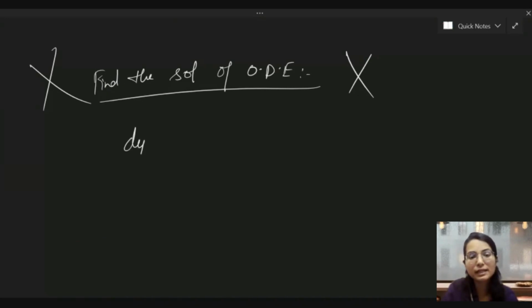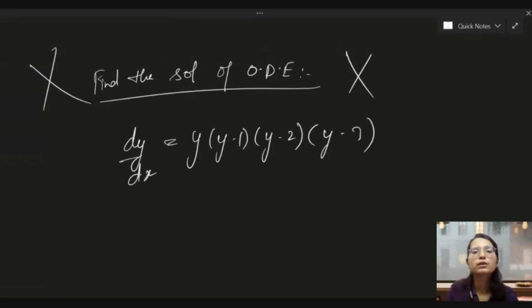For example, dy by dx is equal to y into y minus 1 into y minus 2 into y minus 3. You can do it with variable separable form. I know that. Most of the students will do it with variable separable form, but we are not, because we are not supposed to find the solution of this differential equation. They have asked the behavior of the solution, how the solution behaves.